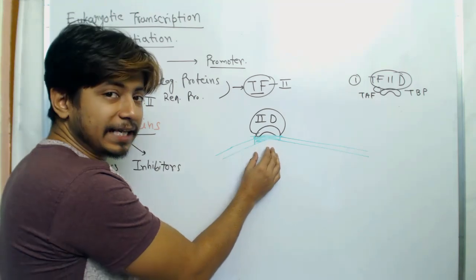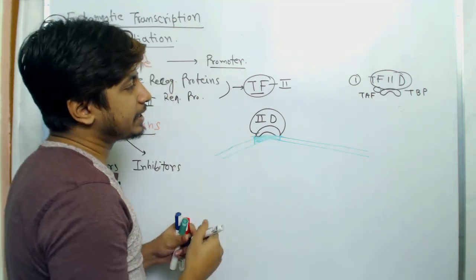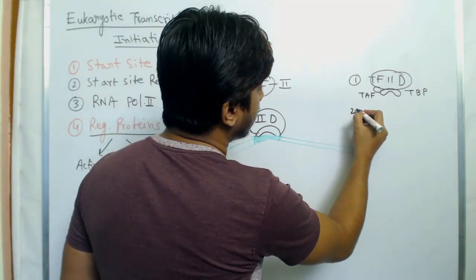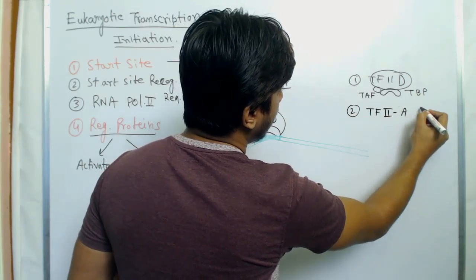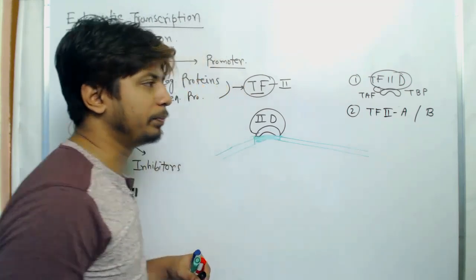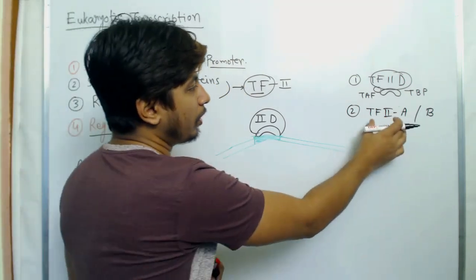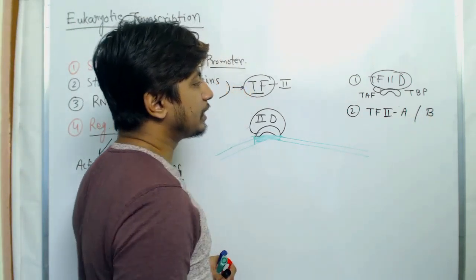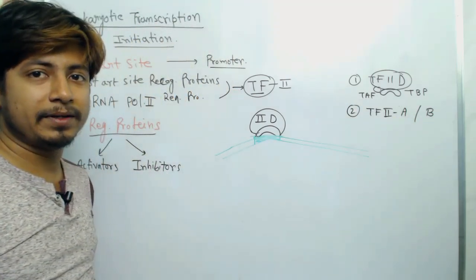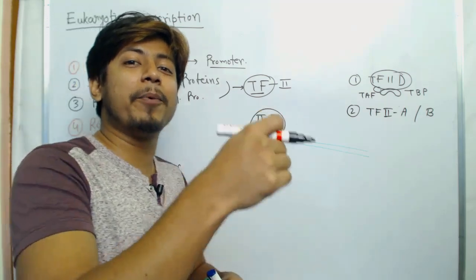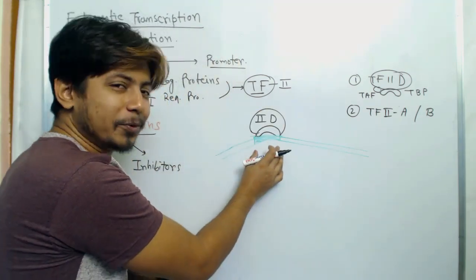Once DNA is bent, that is another signal, and the second set of transcription factors will be in place, that is transcription factor 2A and transcription factor 2B. Now what is the role of transcription factor 2A and B? They will help to recruit RNA polymerase II to the promoter region.